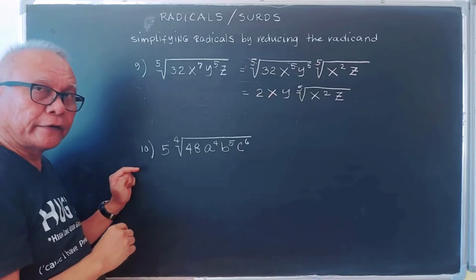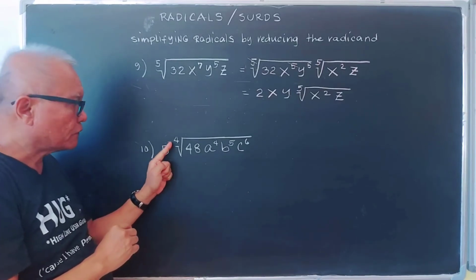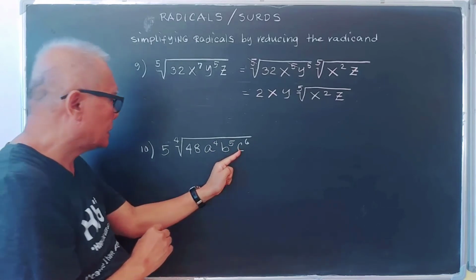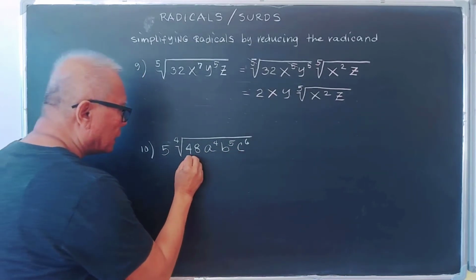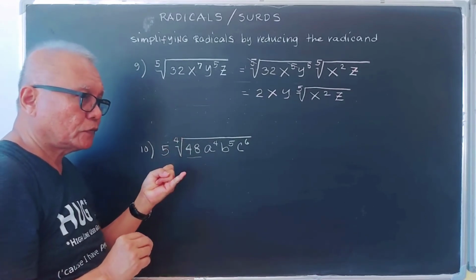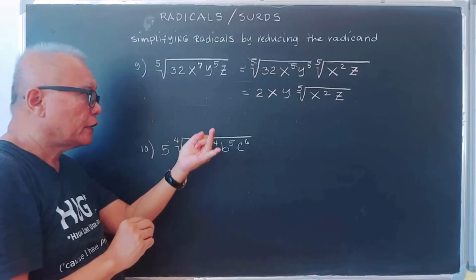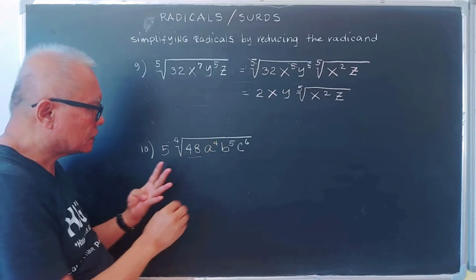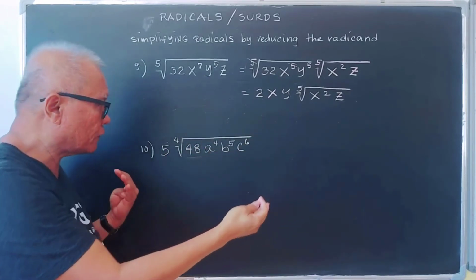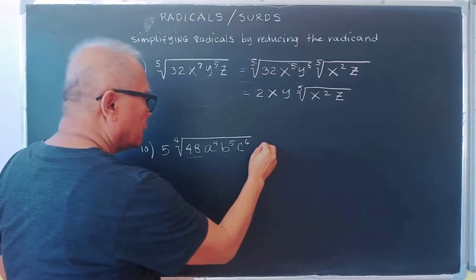Number 10. We have 5 times 4th root of 48, a to the 4th, b to the 5th, and c to the 6th. So for 48, we need only the 4th root. So 2, 4, 8, 16. So we get the 16 here, and the other one is 3 to make it 48. So here we have 5.